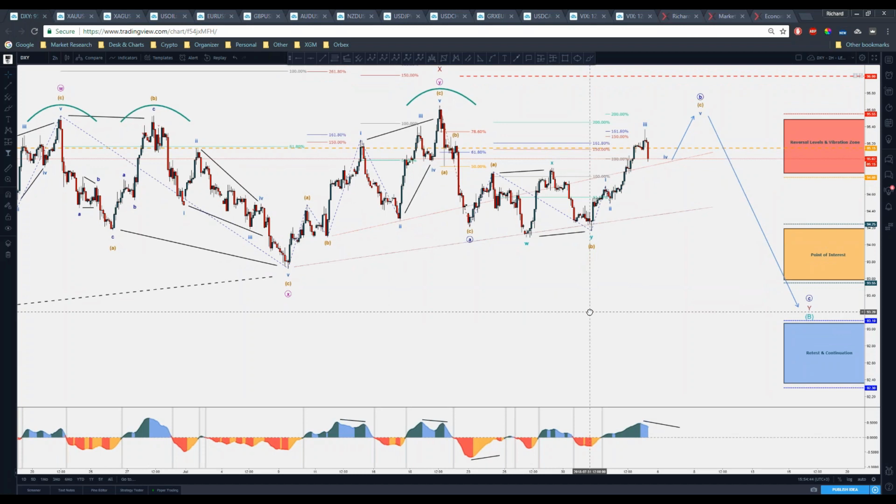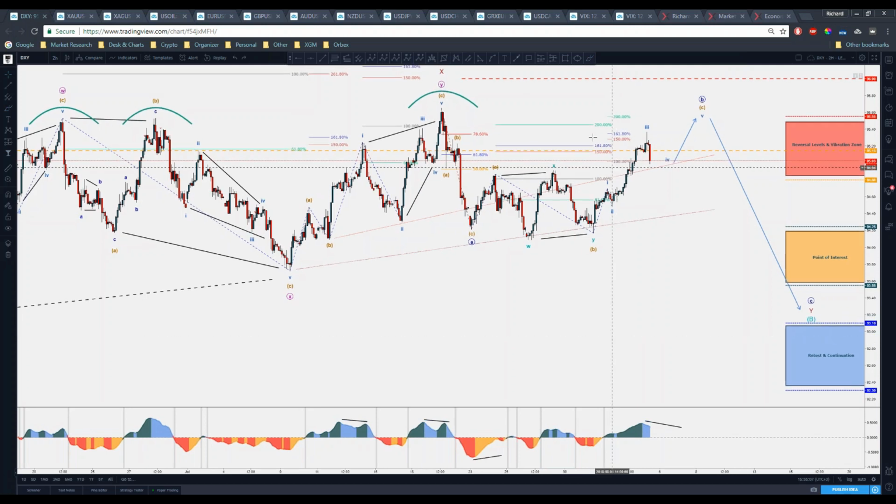I'm using it for wave confirmations, mostly for divergences. It doesn't reflect volumes or anything like that. There's a certain way of using this, but I'm not going to go into it because it will take a long time.